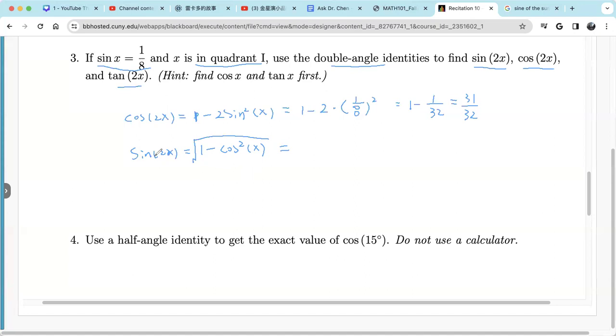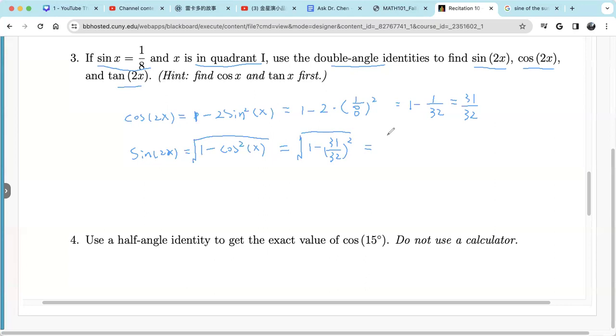Because the identity is sine squared of an angle plus cosine squared of the same angle equals 1. So we use this identity. Then we'll have the square root of 1 minus, well, cosine squared is 31 over 32 squared.